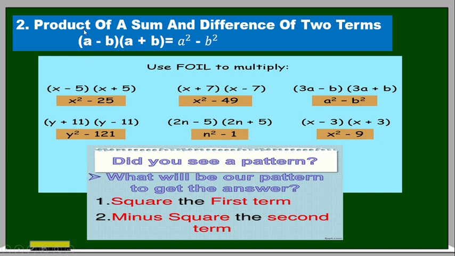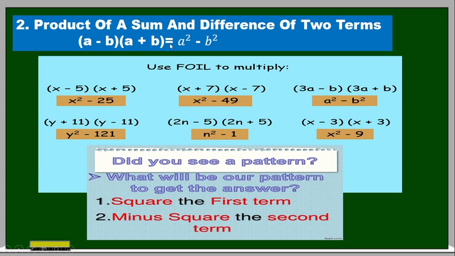You square a, so that is a squared. Minus. That's why in your product, you always have a minus sign in the middle. Minus the square of the second term. The second term is b. You square b, that is b squared.